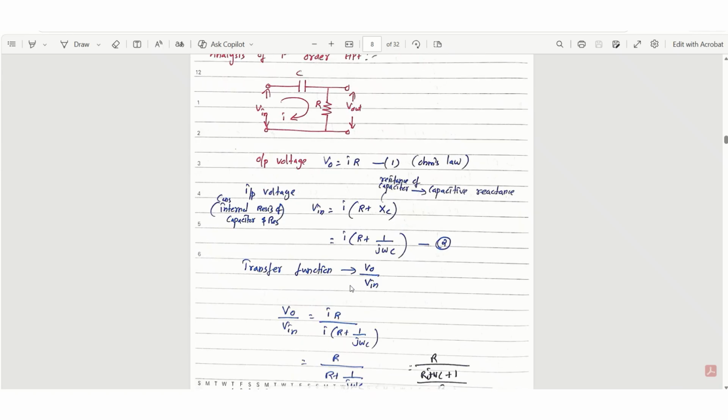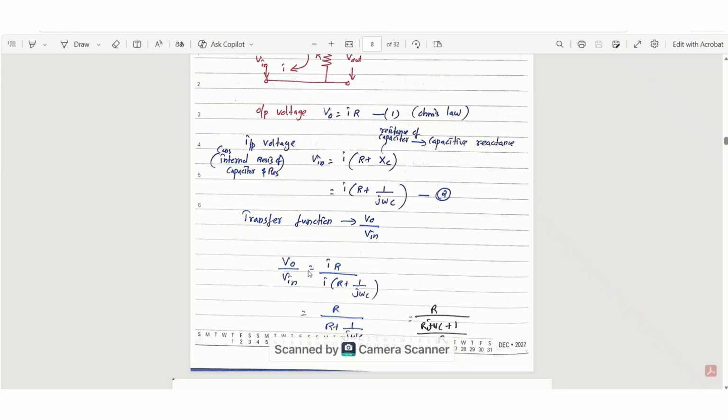So the transfer function of the above circuit is Vout by Vin. From equation 1, we get Vout equal to I into R, and input voltage equal to I into R plus 1 by j omega c.